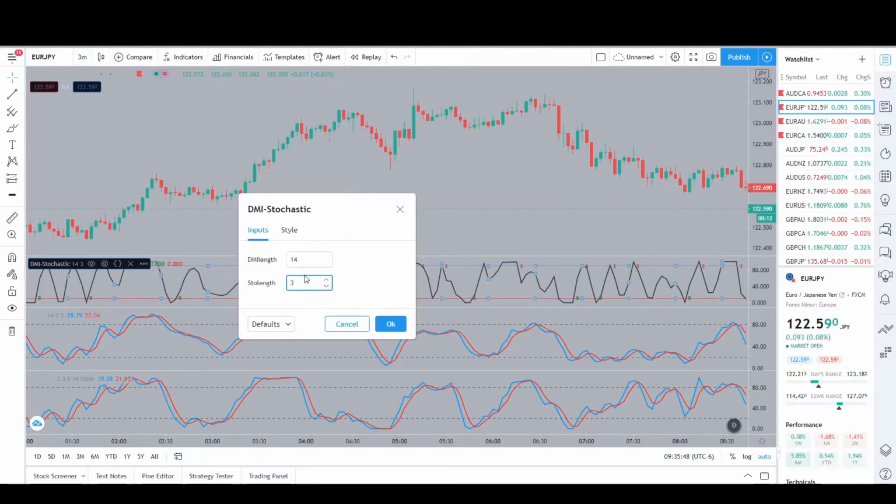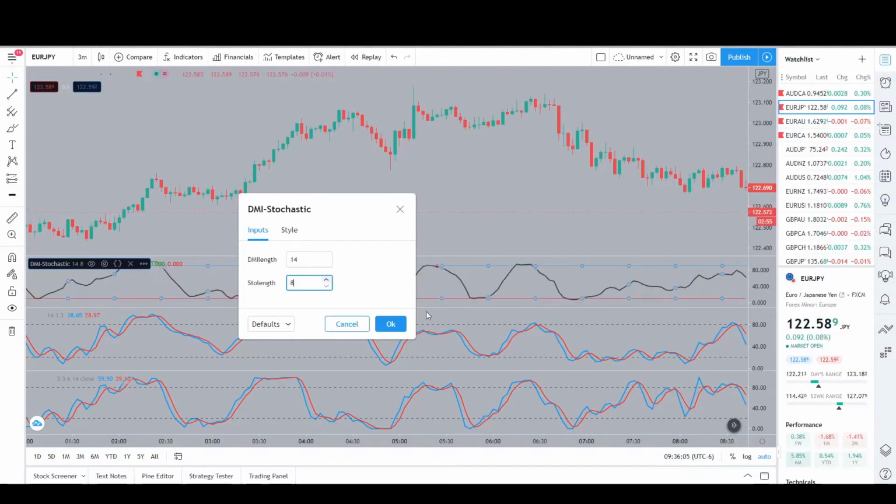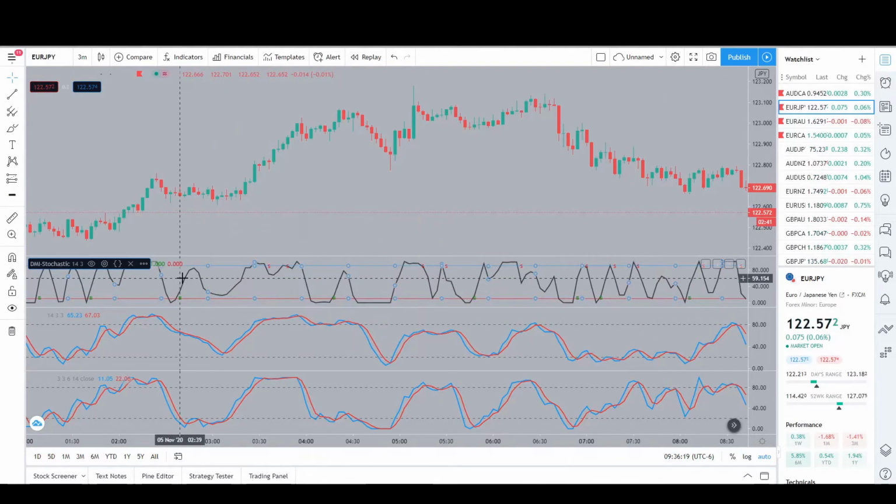What this changes is, you can see if I move up the stochastic length and you look at the indicator in the back there, it changes the fluidity of the graph, right? If I move it up, it'll move less directionally, but if I move it back down to 3, it'll be very spiky. So 14 and 3 is what you're going to want for DMI stochastic.